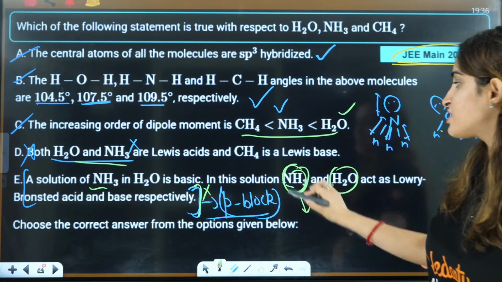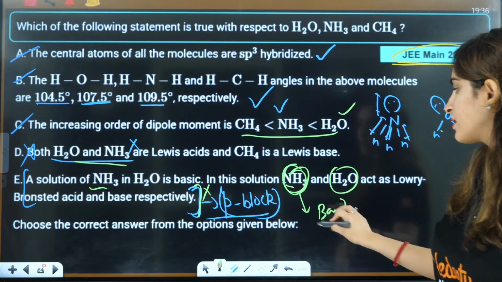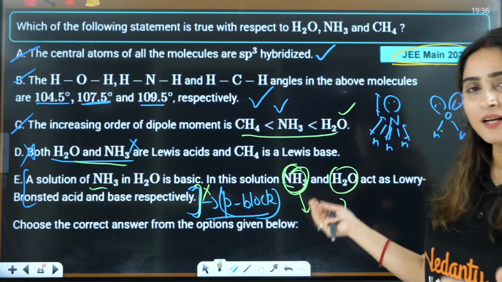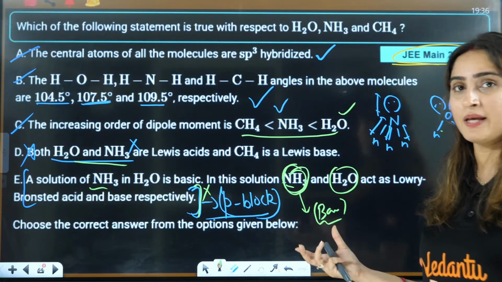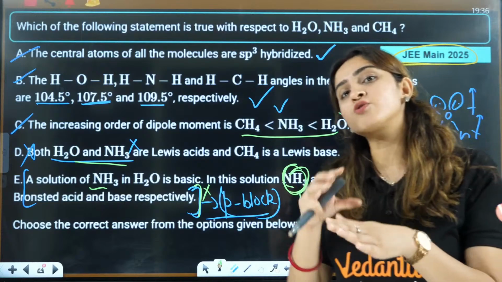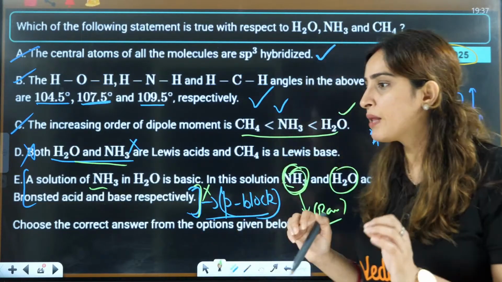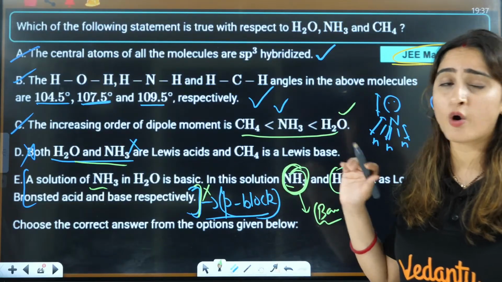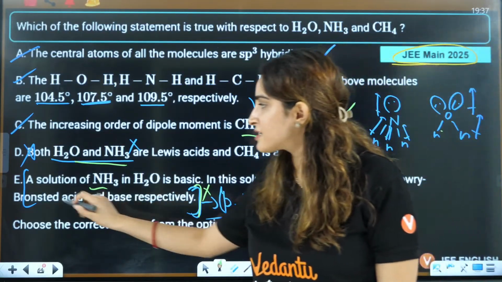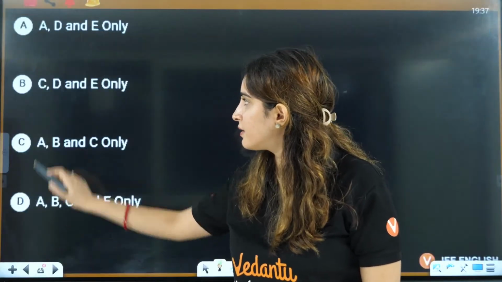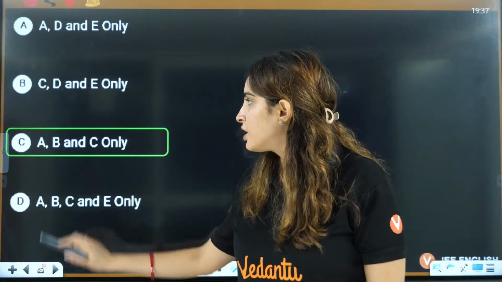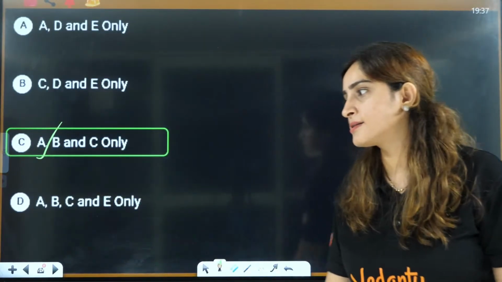That is not correct. NH3 acts as a base. We will talk about Bronsted bases in detail in ionic equilibrium, but from here you also get a hint that NH3 is not an acid, it is a base. So that statement is incorrect. That's why A, B, C are the correct statements here, so the answer is option C.